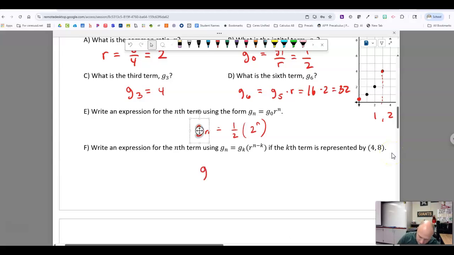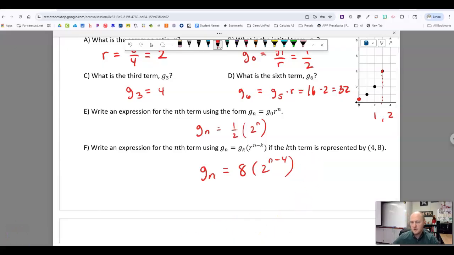So G sub n is equal to, my fourth term is 8, and I'm going to multiply by 2 to the power of n minus 4, since it was the fourth term. And there you go. There are the two general equations for this geometric sequence.